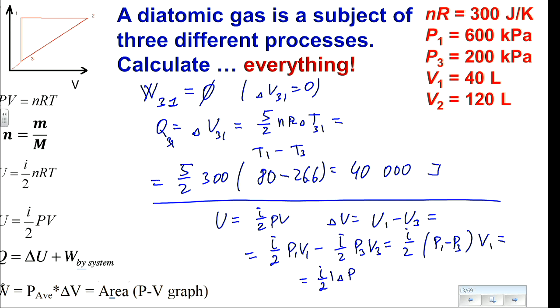Delta V delta P. But this equation only works when the volume is constant, unlike the isobaric process. And here again you have a time-saving option. You can do it every time like this, deriving this again and again. Or you can just remember for the isobaric process, this is how we can calculate it if we want to.